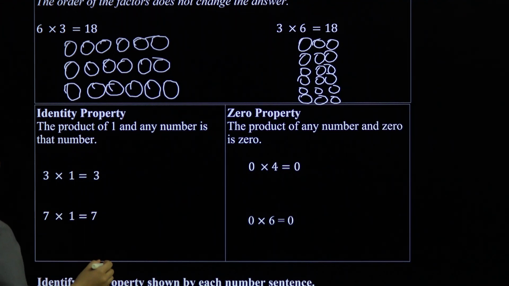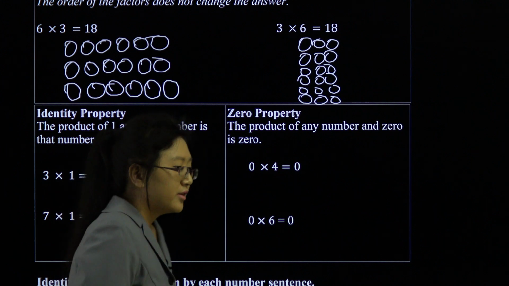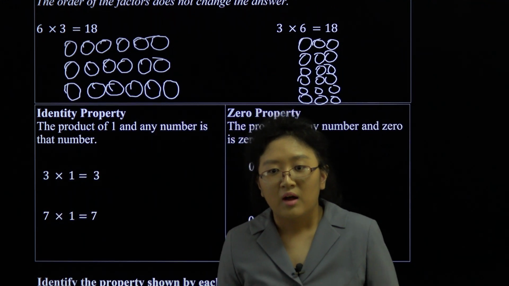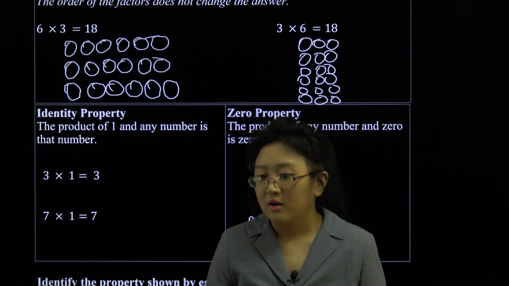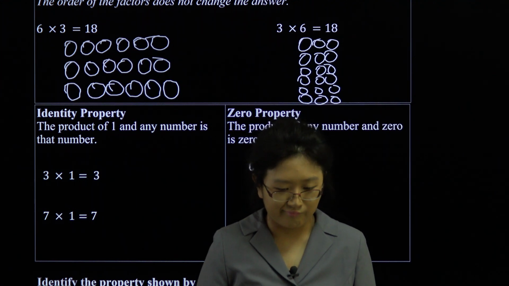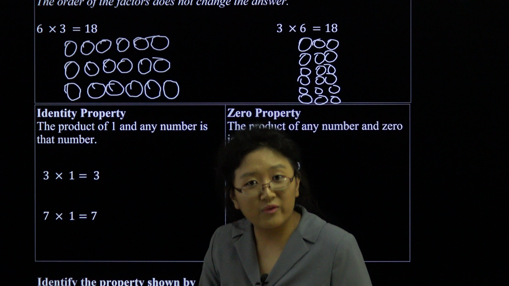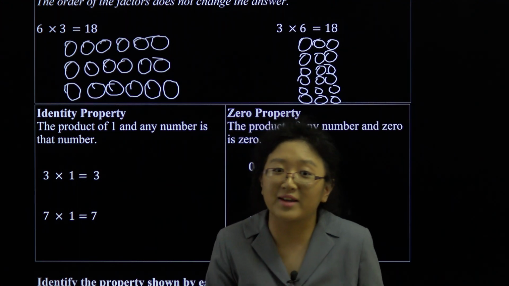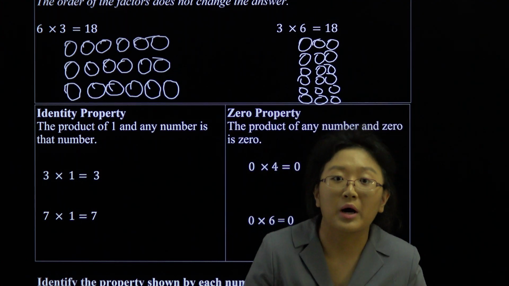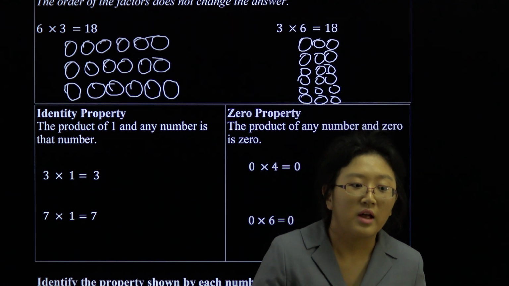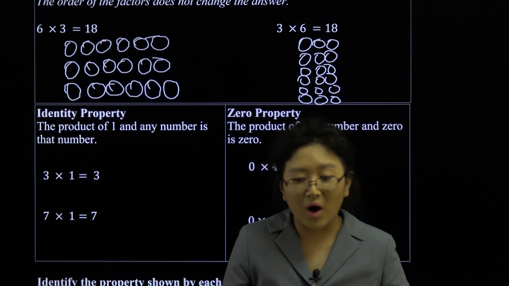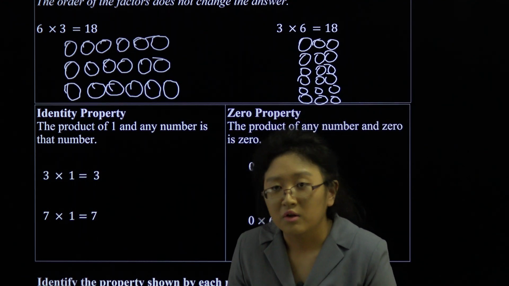So 3 times 1 equals 3, 7 times 1 equals 7. Think about it. If you have one box of 7 pizza pockets, you have 7 pizza pockets. If you have one box of 12 crayons, you have 12 crayons.